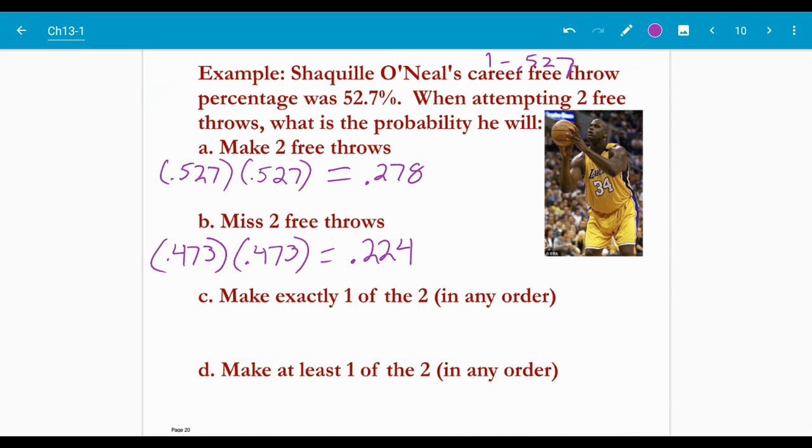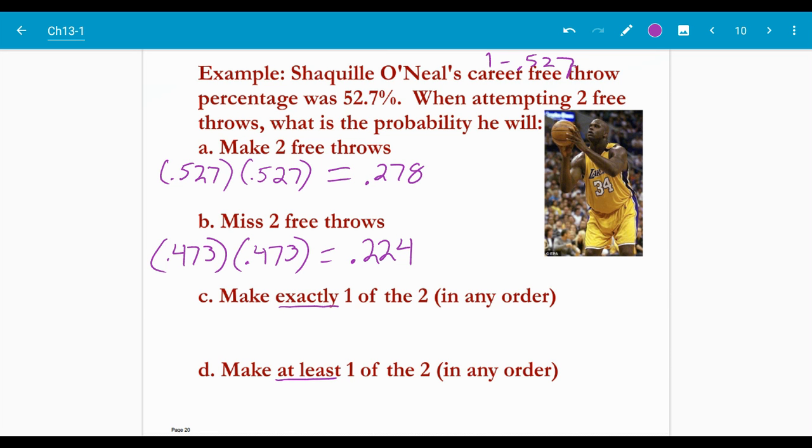And looking ahead even further, notice the differences between question C and question D. Make exactly one, make at least one. Okay. We'll think about how these two variations differ, but it underscores the idea that the wording is very important in probability. Okay? Make sure that you read very carefully in these problems.